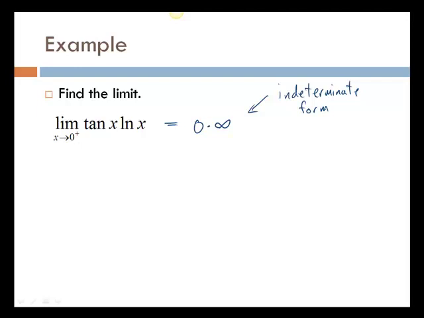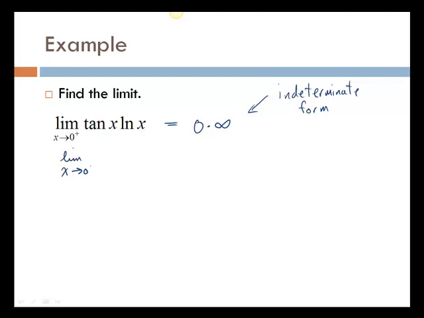So it's an indeterminate form, and we can use L'Hopital's here, but we need to change this so it's either 0 over 0 or infinity over infinity. So is there a way that we can maybe rewrite this so that we've got 0 over 0 or infinity over infinity? And there's a pretty easy way to do this for this one.